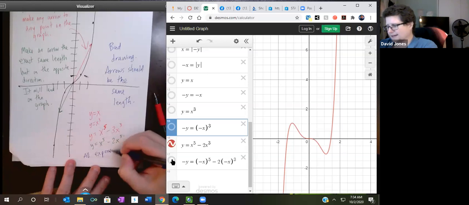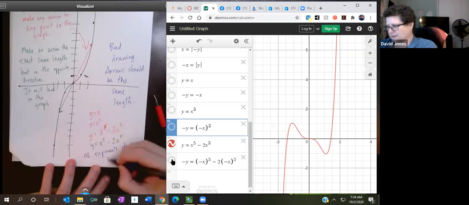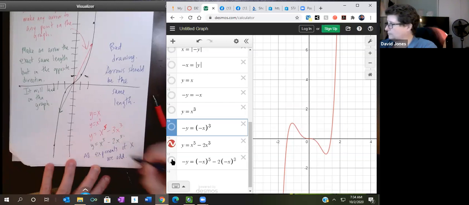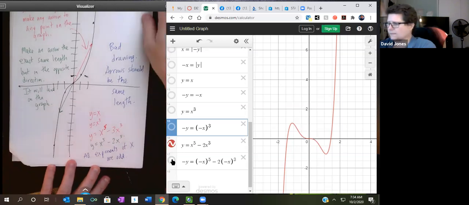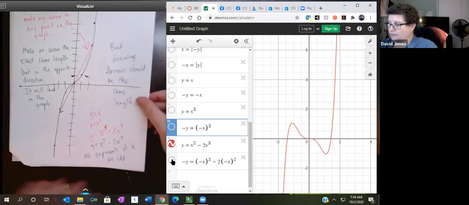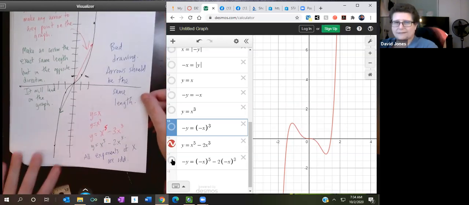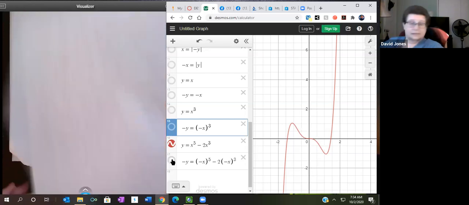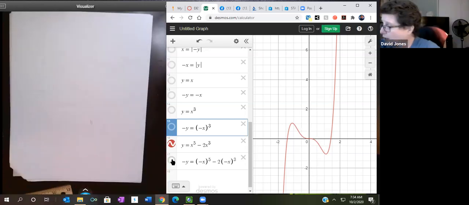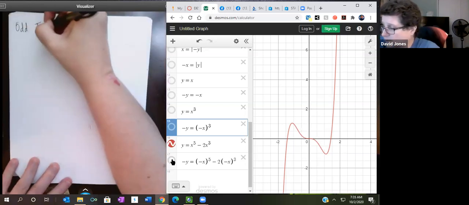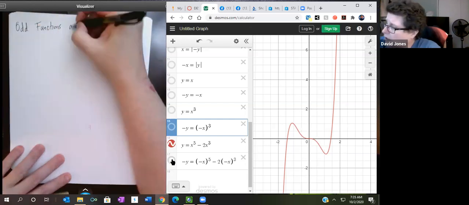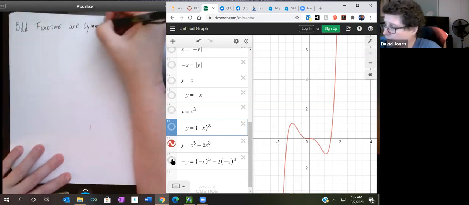All exponents of x are odd. These are part of a set called the odd functions. So odd functions have this property. They are symmetrical about the origin.